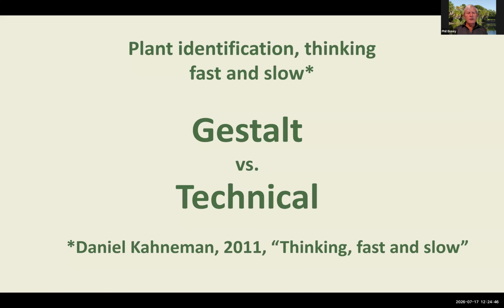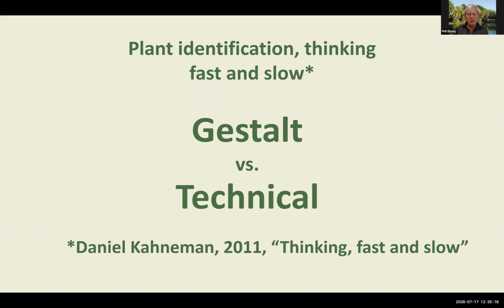Now, there are therefore two different ways to identify things, Gestalt versus technical. I try to compare these to the concepts in Daniel Kahneman's book, Thinking, Fast and Slow. He elucidated how we come to the wrong conclusions many times with our fast thinking, which I'm using the word Gestalt for.